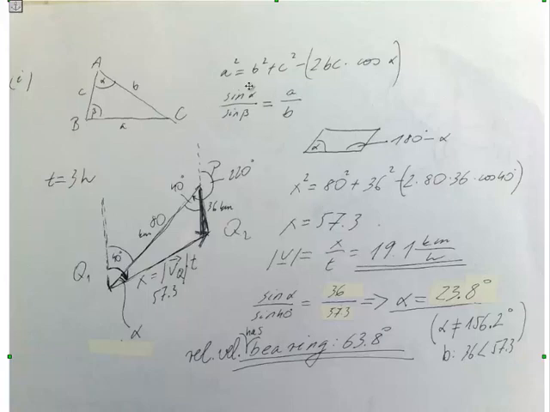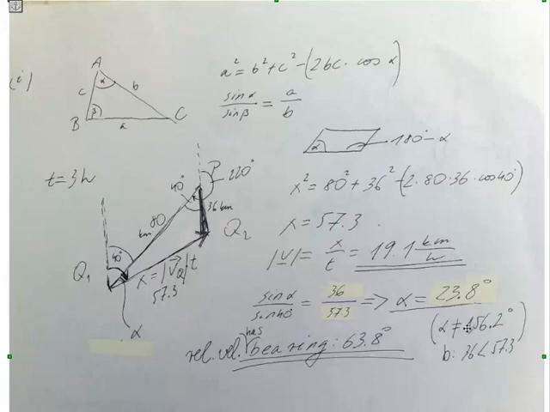Then we will calculate alpha. We use this formula, sine of alpha over sine of 40 is equal to the opposite side, 36, over the opposite side of this angle, this value. So we get that alpha is equal to 23.8 degrees.